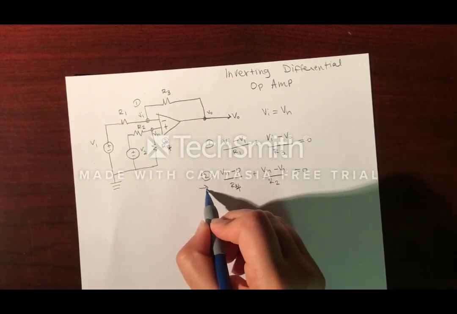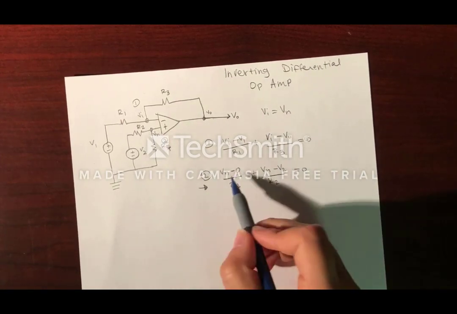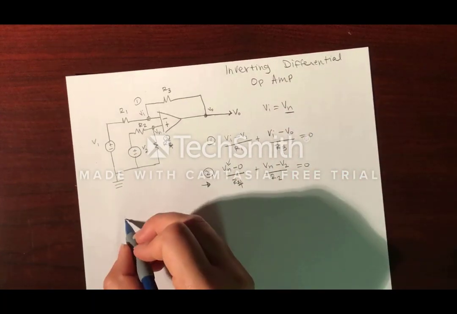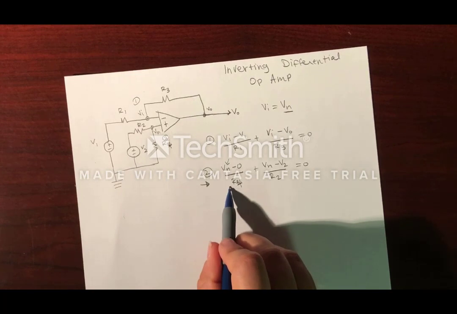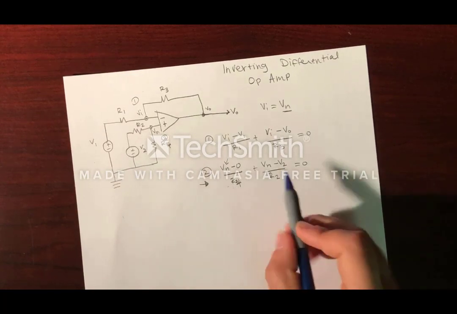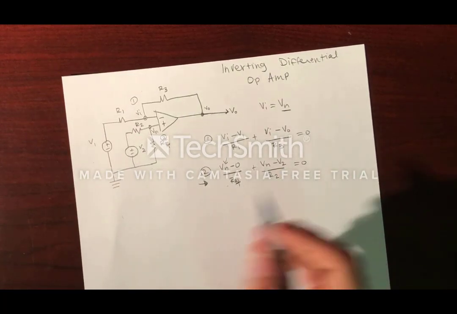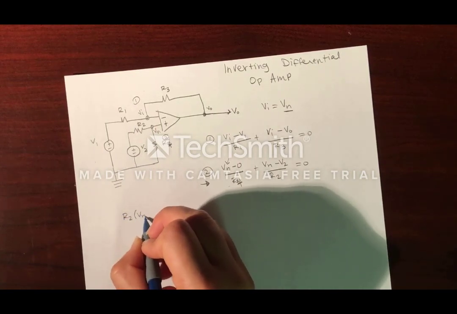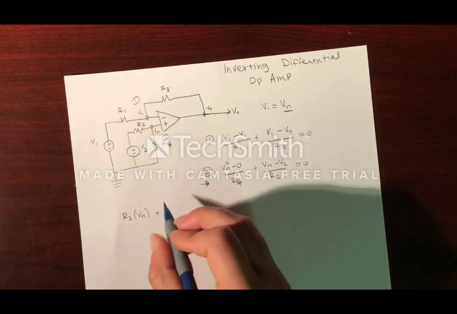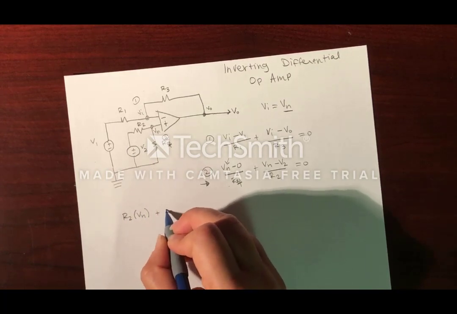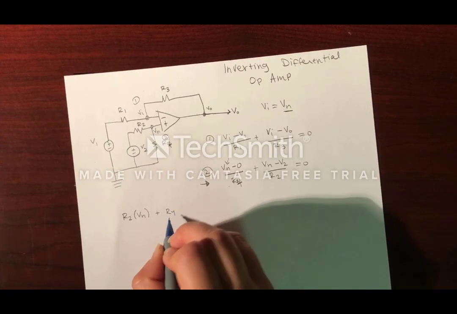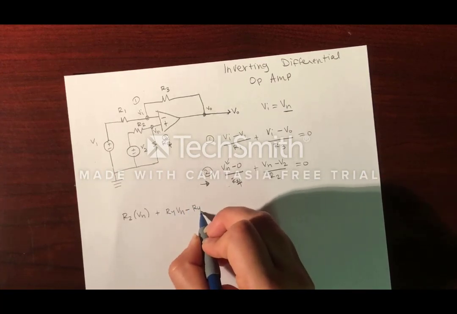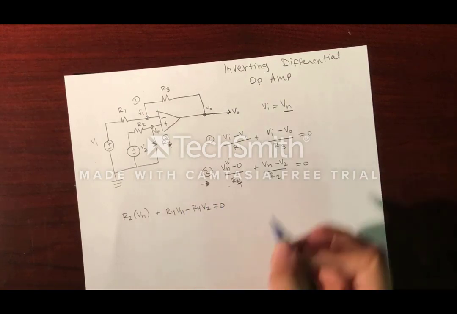Here we can start by analyzing this equation and solving for this Vn term. From now on, we will use Vn. So to begin, we will multiply this first term by R2 and the second term by R4 to equate the denominators. This will give us R2 times Vn plus R4 times Vn minus R4 times V2, all equal to 0.